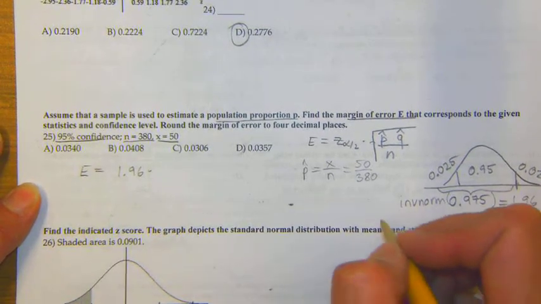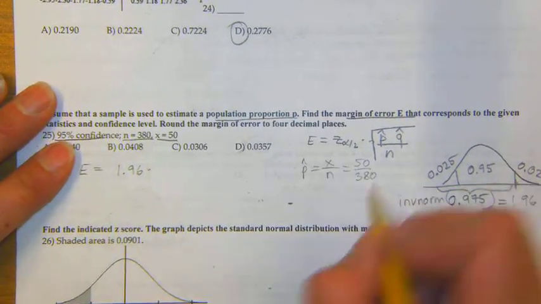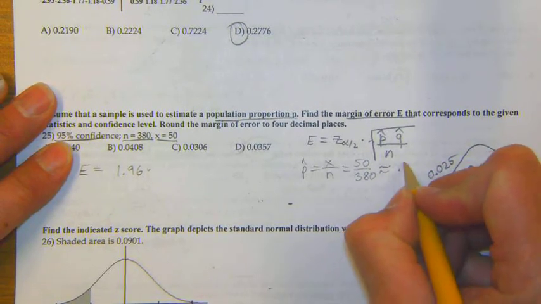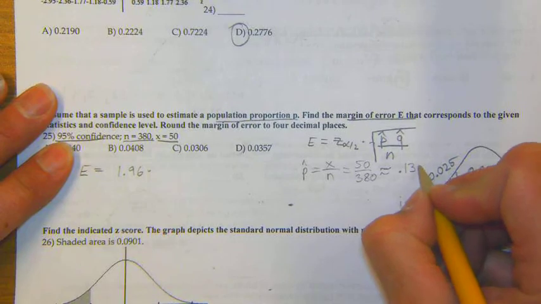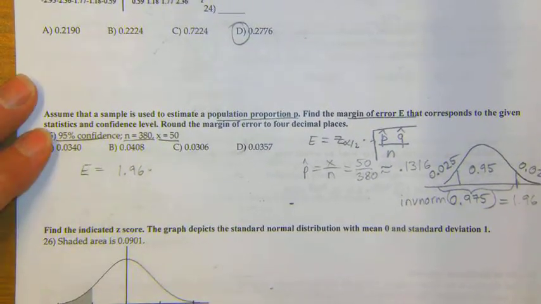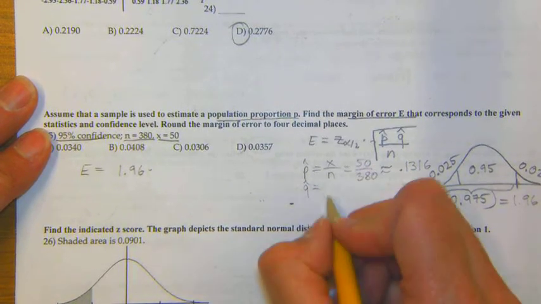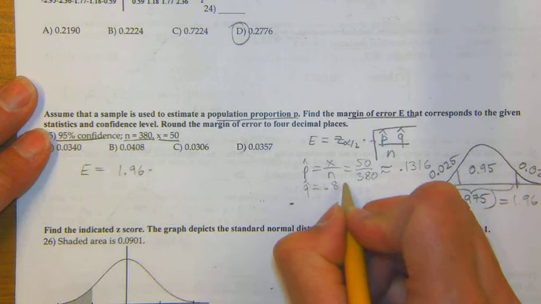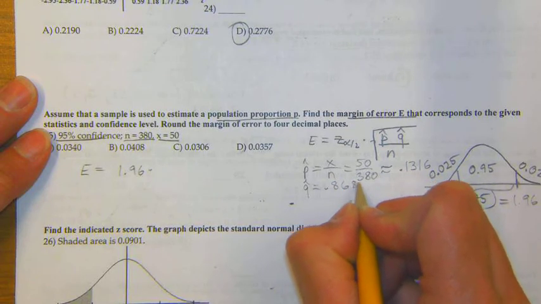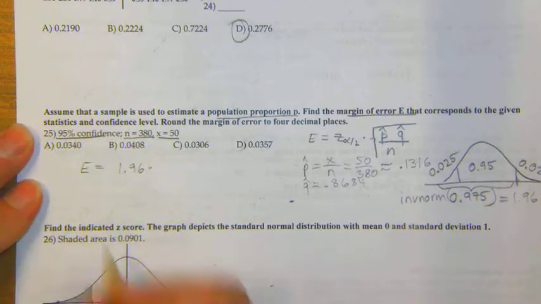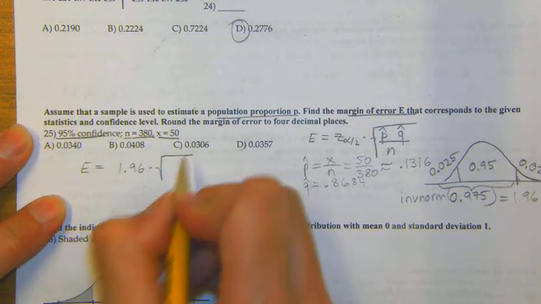That's 5 over 38, or it's approximately 0.1316. Now, the more decimals we carry, the more accurate. Q hat is just 1 minus that number, so that's 0.8684.